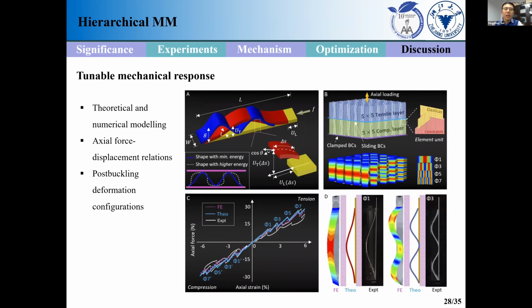Here is the force-displacement relationship, or force-strain relationship. We see that we have different post-buckling modes, and more interestingly, based on this design, under both tension and compression, the structure's Poisson's ratio in the transverse direction is always 0, right?